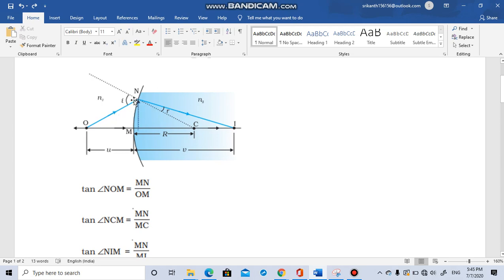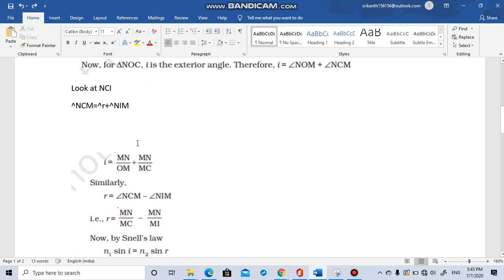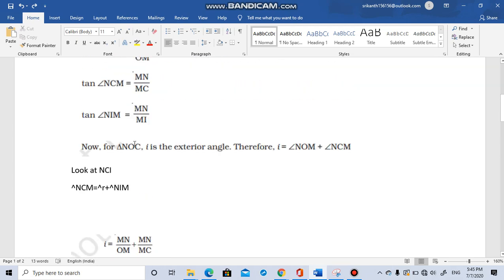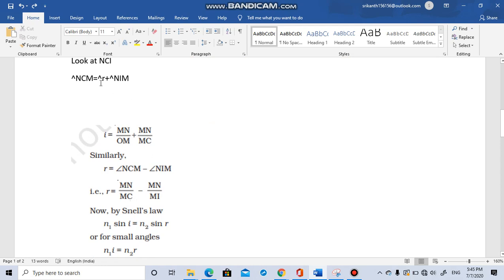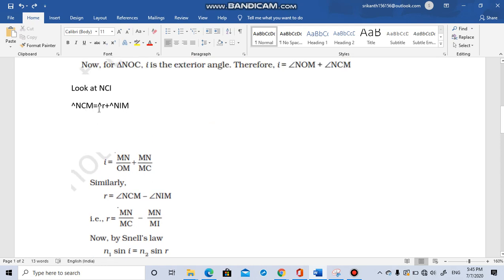So this CN will act like a normal. Our ray is the blue line. So the angle between them is the angle R. So from here we'll get the angle R value. Angle R will be equal to angle NCM minus angle NIM.